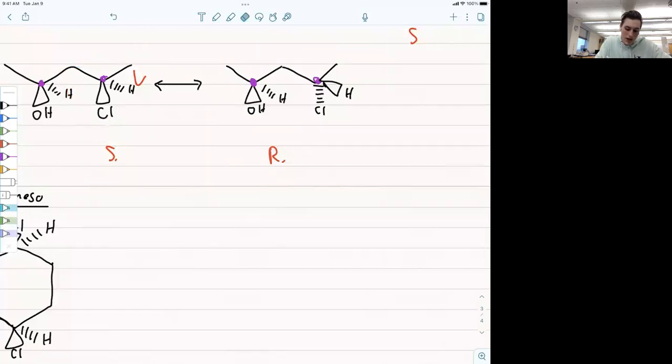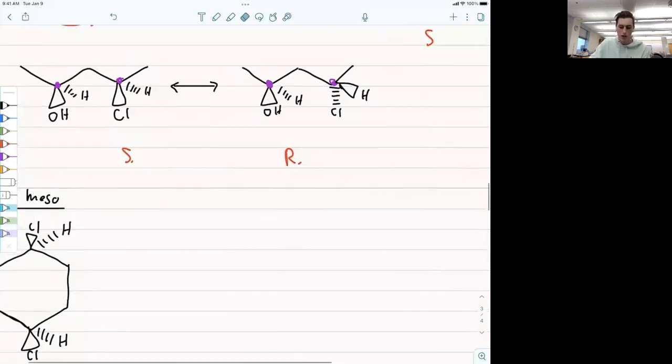So can I safely say these are enantiomers of each other? So it went from RS to R, but are these molecules enantiomers of each other? No. Yeah, someone said in the chat they don't completely flip.